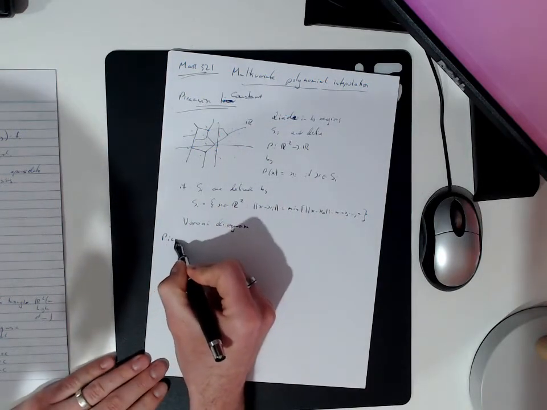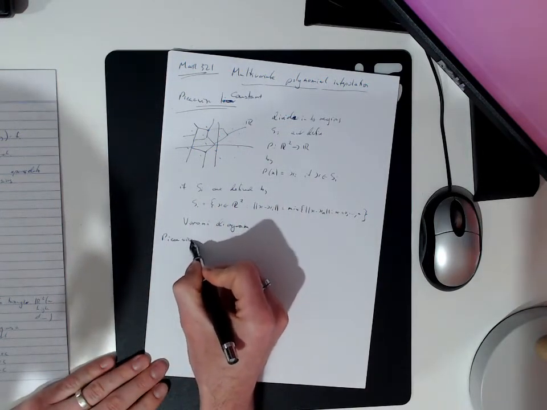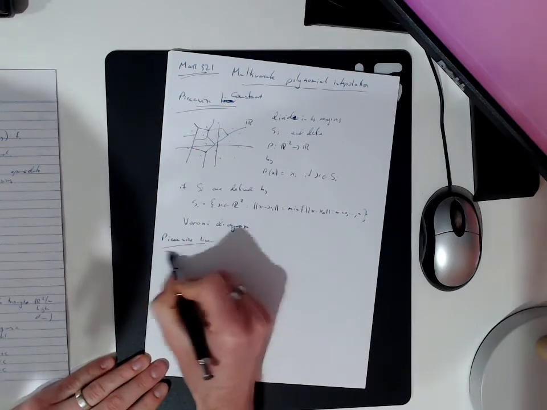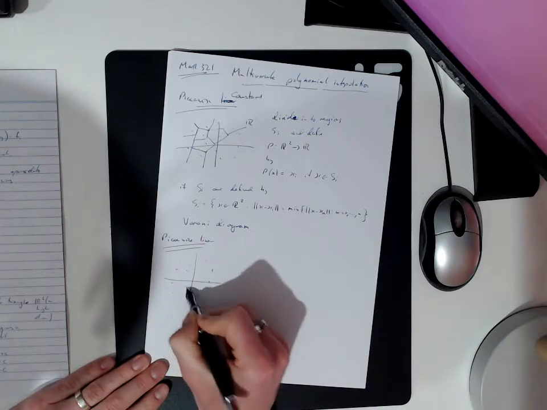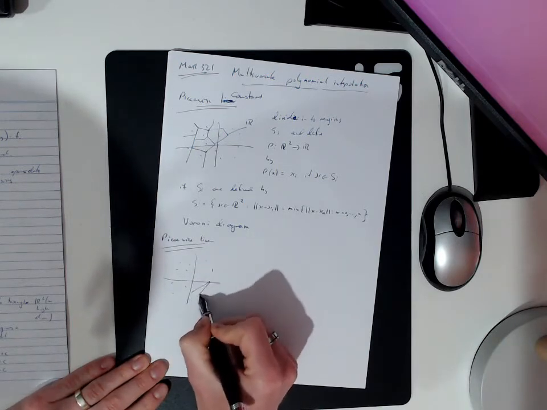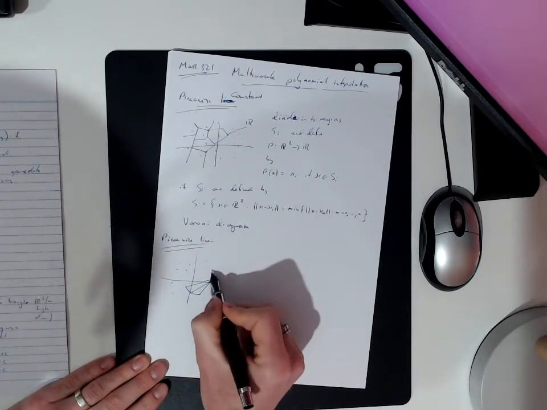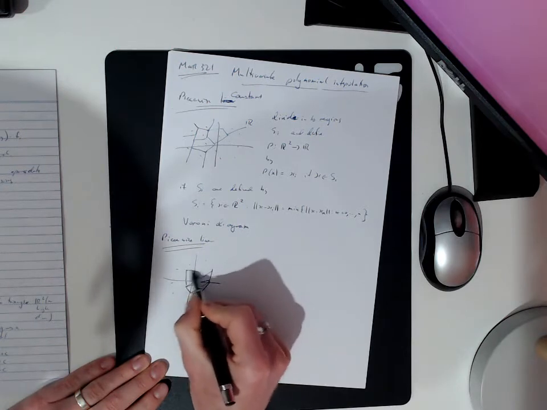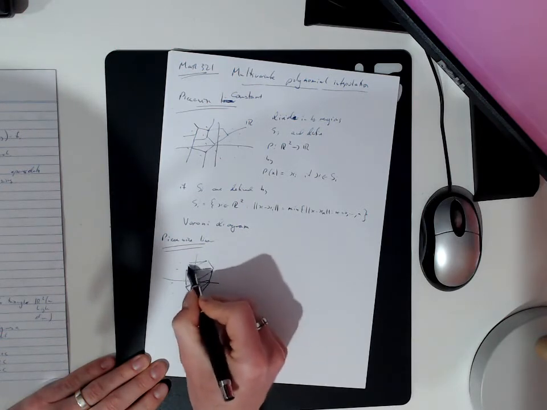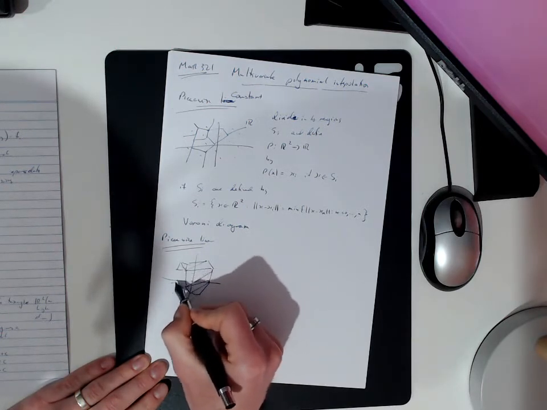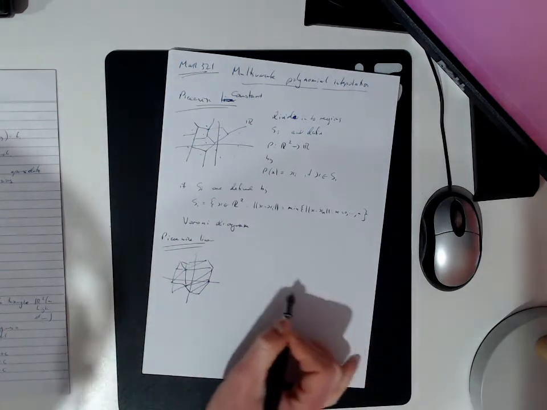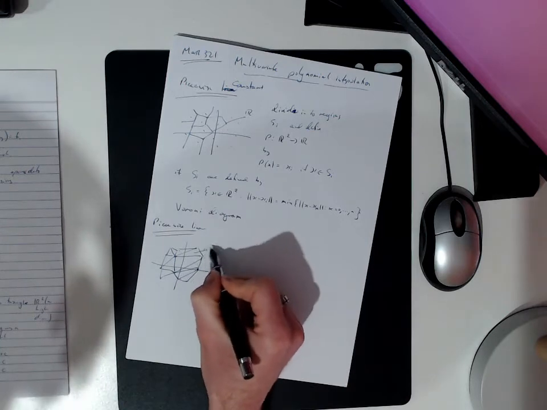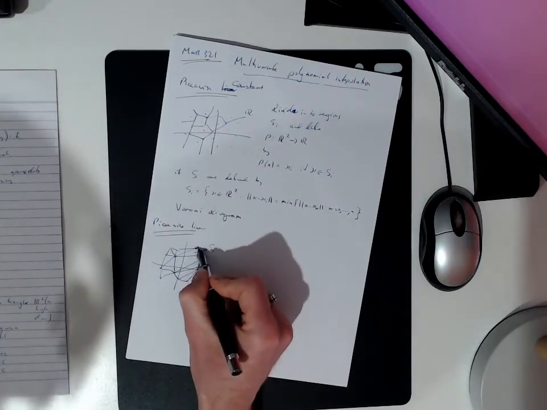Piecewise linear. Here we have points all over the plane again, and we chop it up however we want to. Each Si is given by 3 points.